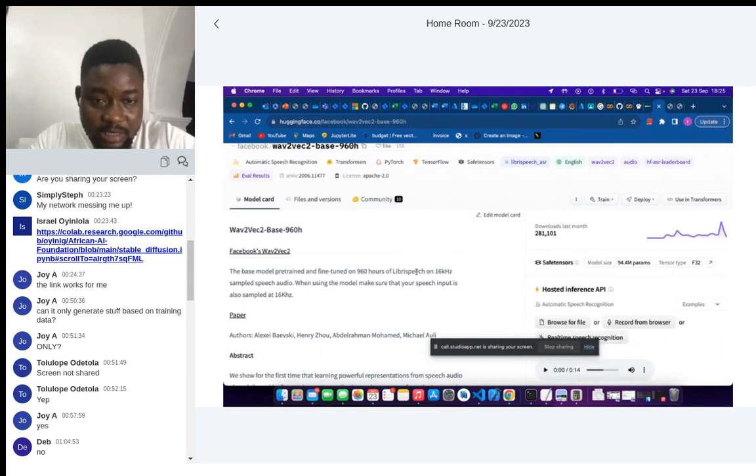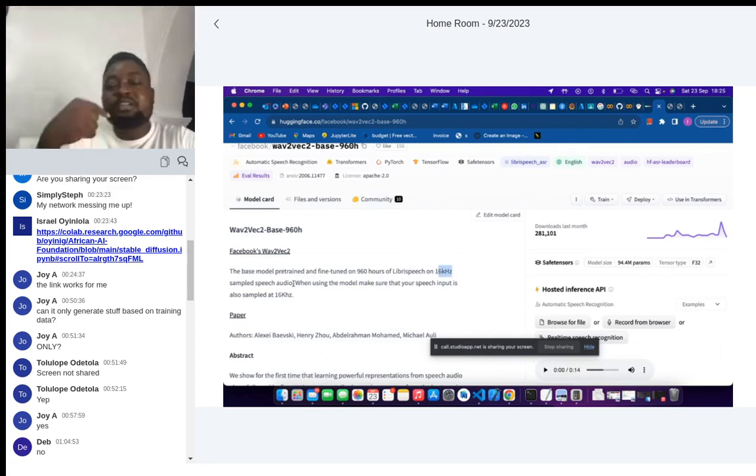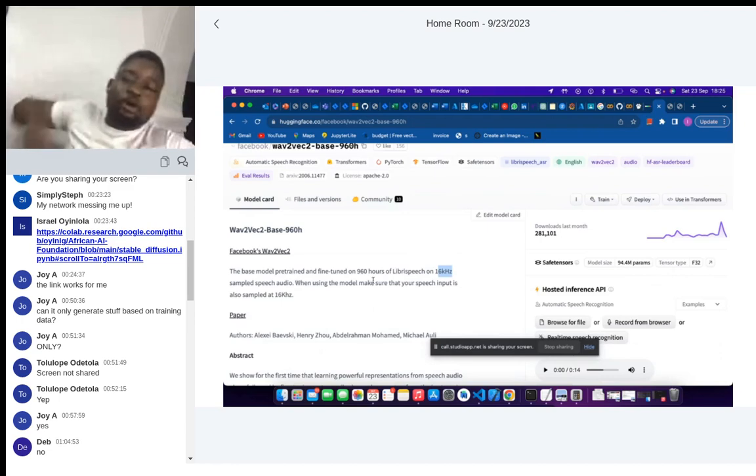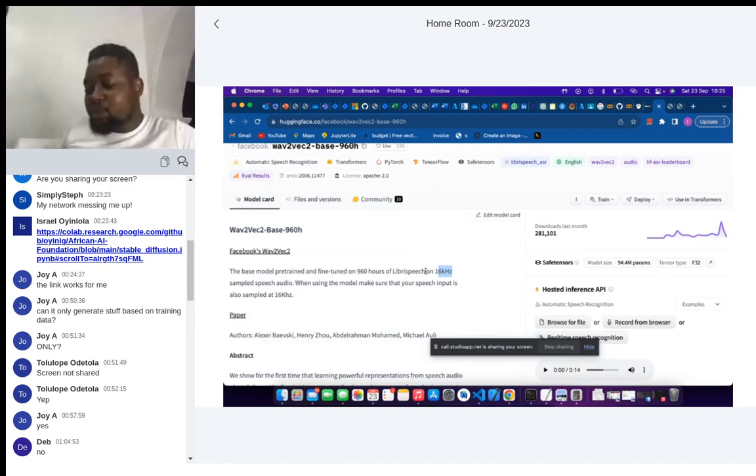You can find this dataset as well on the hub. It's on 16 kilohertz sampled speech audio. So the audio that I'm uploading, if it's not in 16 kilohertz, I have to convert it to 16 kilohertz so that it will be able to fully convert the frequency space to the right numbers.